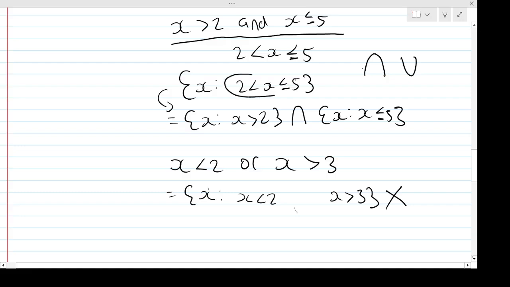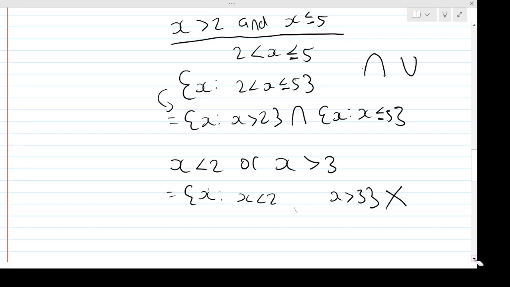This is fine in this example because it still is kind of one inequality, right? We've got it sandwiched between two values, so 2 less than x less than or equal to 5, but it's one inequality because we combined it into one. That's okay, but we can't combine these two into one, and we can't just say or here. We have to split this up into two different sets, which each contain one of the inequalities.